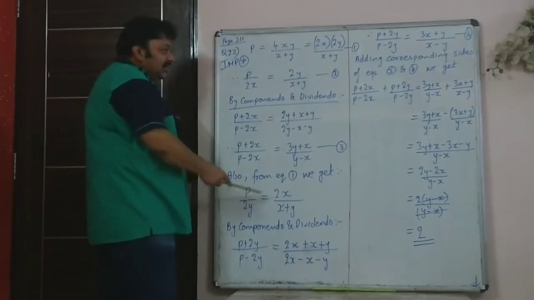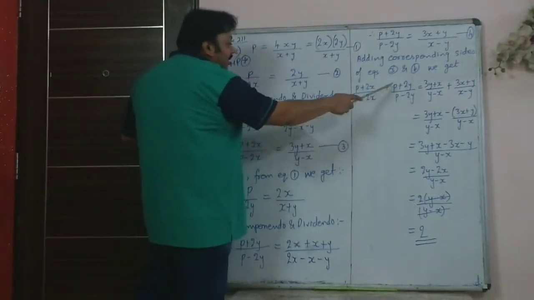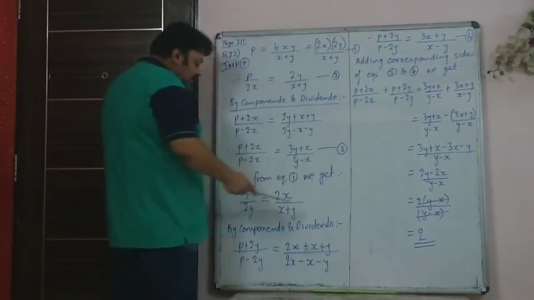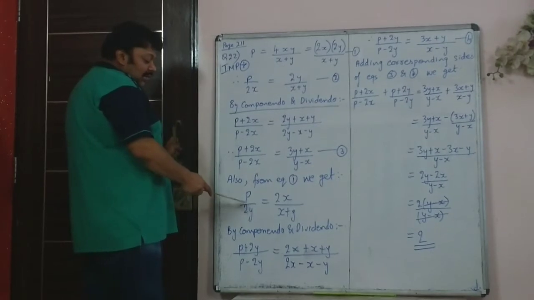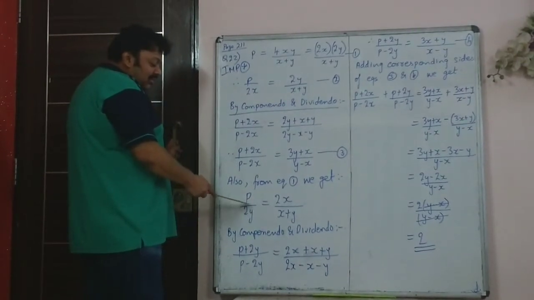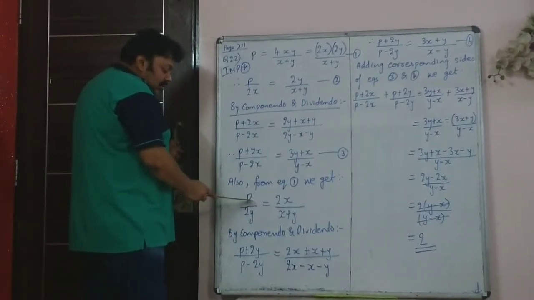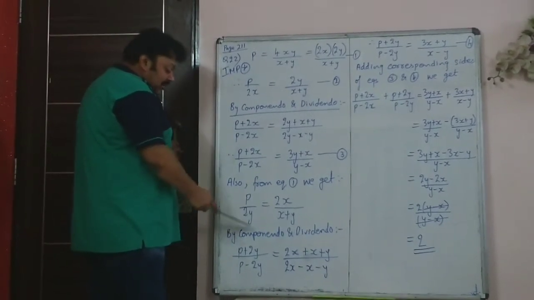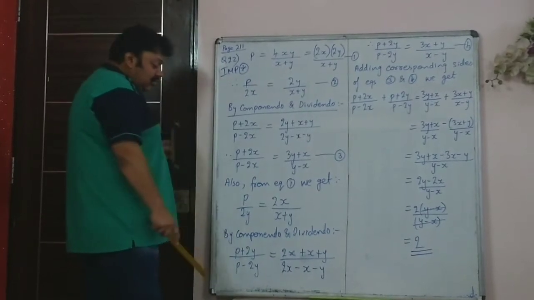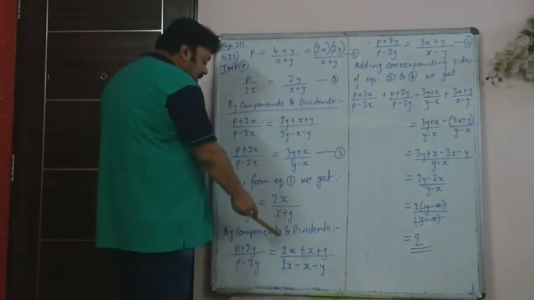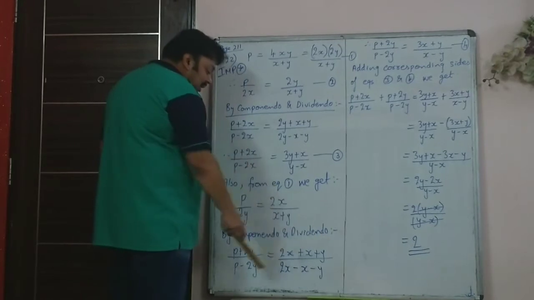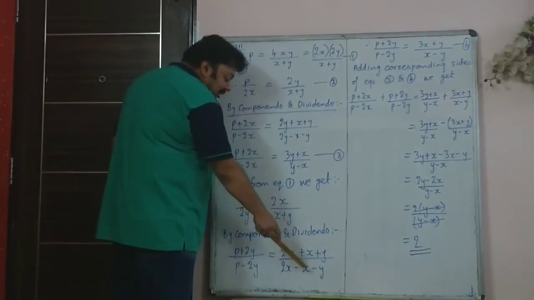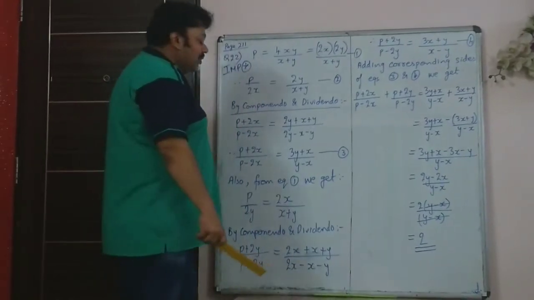Now why did I do this? Because the second part of the left hand side that I need in the final expression is a componendo and dividendo of this step. So when I do a componendo and dividendo of this step, I get numerator plus denominator upon numerator minus denominator. So p plus 2y upon p minus 2y, and here I will get 2x plus x plus y, and down I will get 2x minus the entire denominator, so minus x minus y.